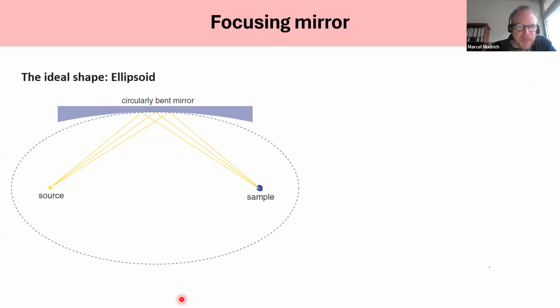But of course, the ideal shape to get perfect focusing of a point source onto a point would be an ellipsoid, because only in an ellipse do you focus the light from one focus to the other focus. But as you can see here, the circularly bent mirror, for example the toroidal mirror, is quite a good approximation, given that the X-ray beam is quite narrow and only illuminates a small part of it.